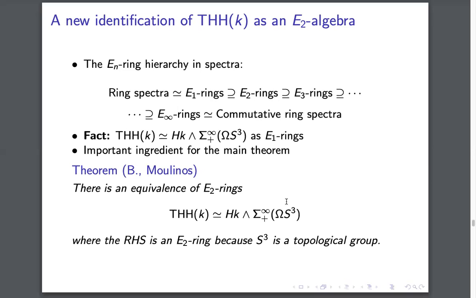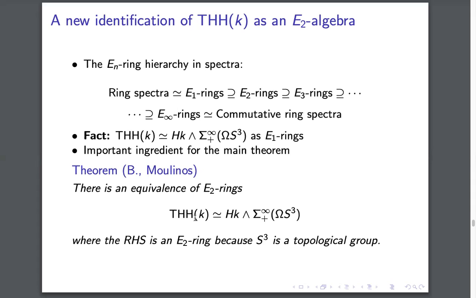We proved this using Blanc-Mandell obstruction theory, which allows you to do classifications through Postnikov towers. So you do certain André-Quillen cohomology computations, which allows you to classify Postnikov towers of these two things, and we show that they are basically the same.